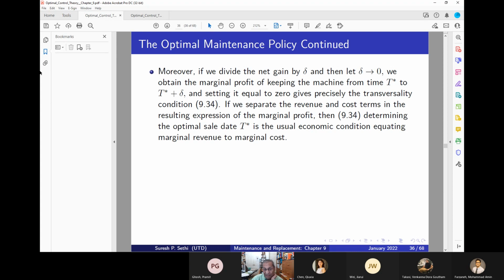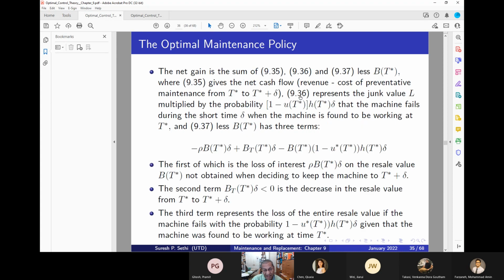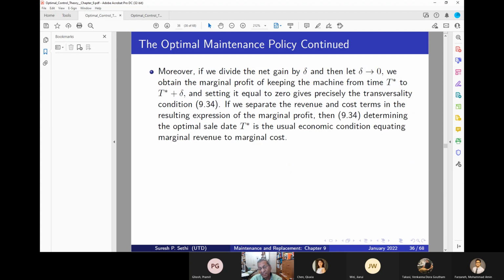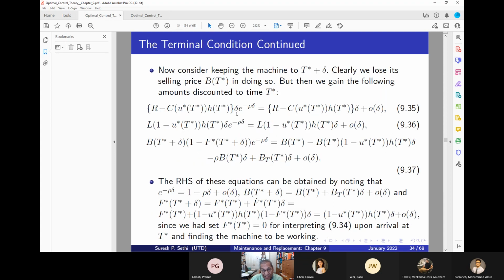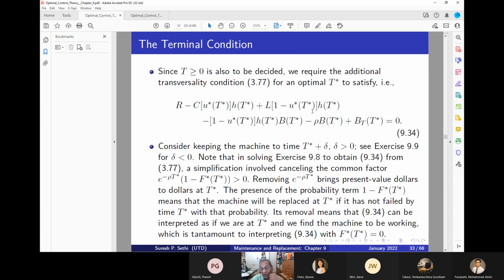So what we're now saying is, if we separate the revenue term on one side and the cost term on the other side, we can actually say that this equation is marginal revenue equal to marginal cost, or marginal revenue minus marginal cost equal to 0, or marginal profit equal to 0. Whichever way you want to call it.